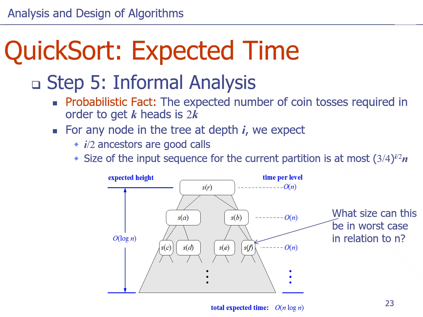So if you start with an array of 100 and 6 levels down in the tree of splits, you're not going to have n being equal to 100. It's going to be a fraction of the 100. So it makes sense to multiply that by n. But why am I doing (3/4)^(i/2)? Okay? So again, the question is, why (3/4)^(i/2) multiplied by n?